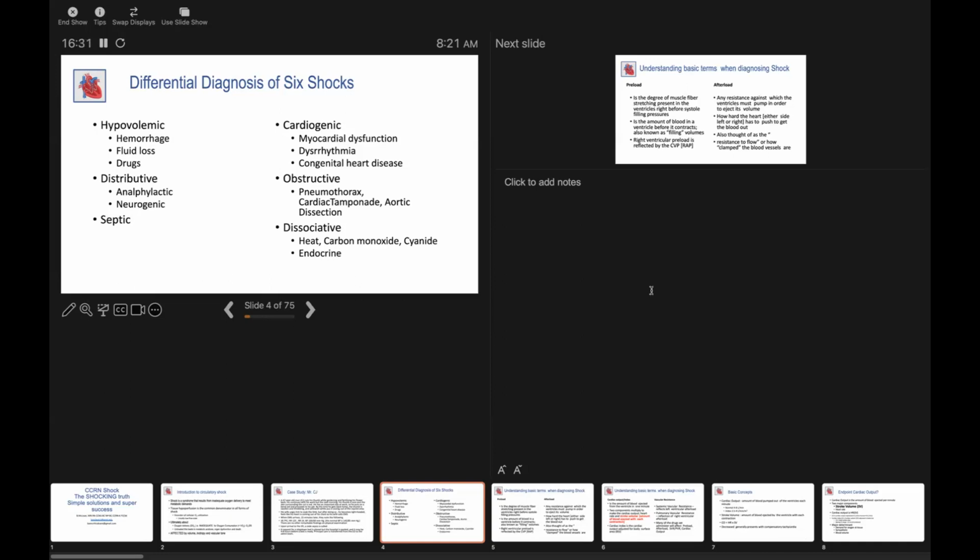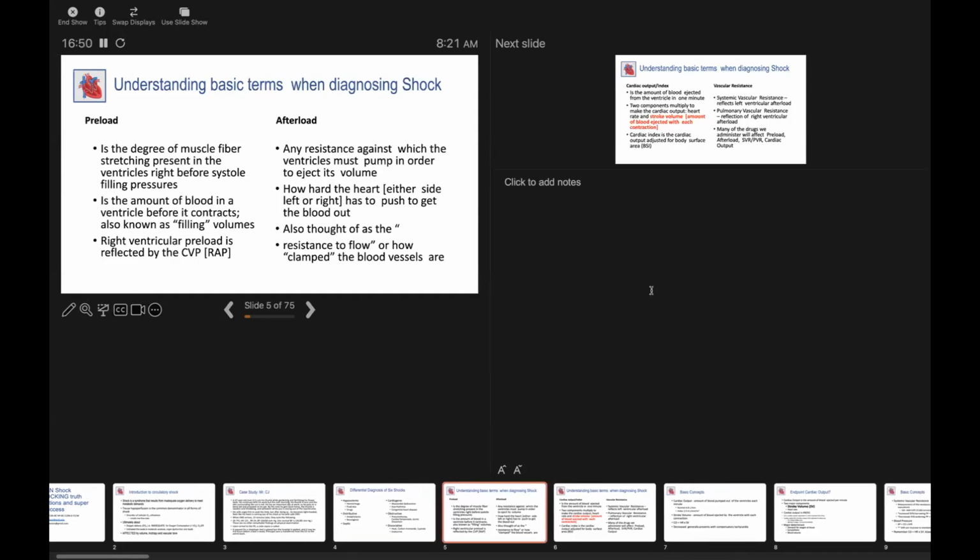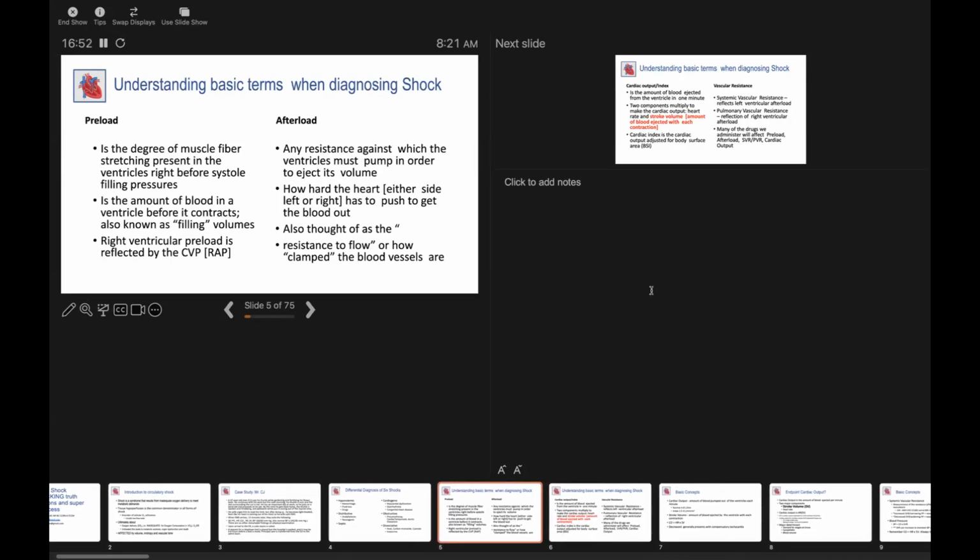And sepsis is under distributive. Okay, all right, good. So those are the 4 types on your exam. The actual 6 types of shock that you see, the clinical practice being a little bit different than the test practice. Okay, good. All right, so when we're talking about shock, it's going to be important to understand these concepts.